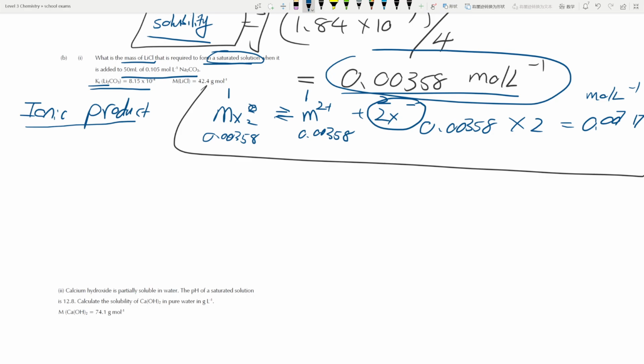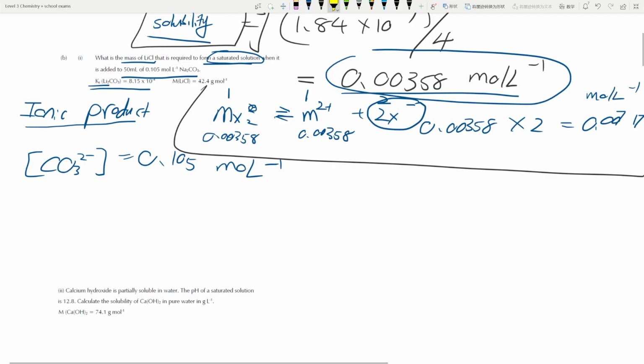Okay, so really quick, what do we know? We know the concentration of CO3 2−, which is 0.105 moles per liter. That's given. Now what are we interested in? We're interested in Ks of Li2CO3. The advice that I give to most people: just look at the Ks expression. We don't give you that for no reason.